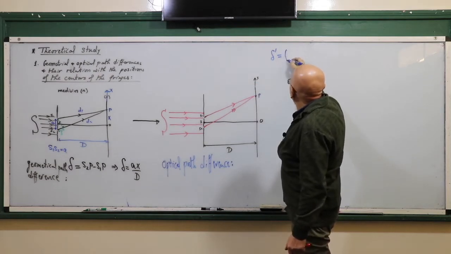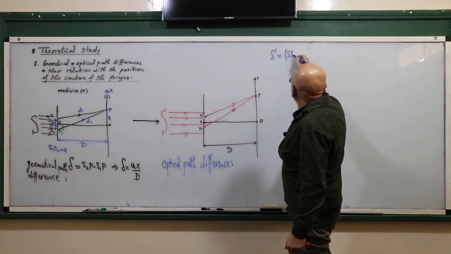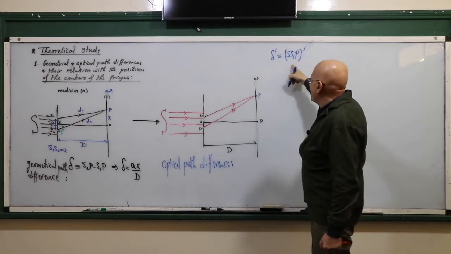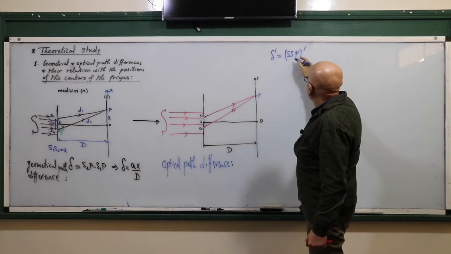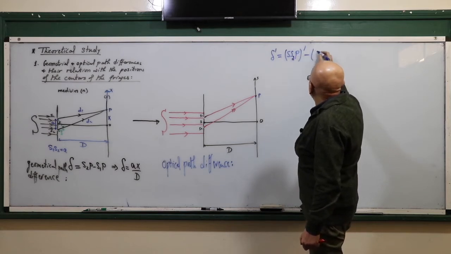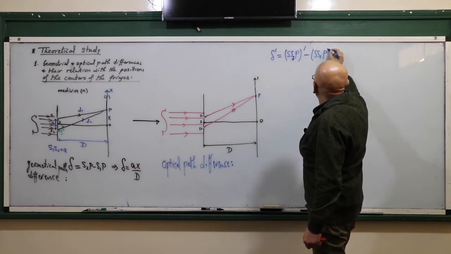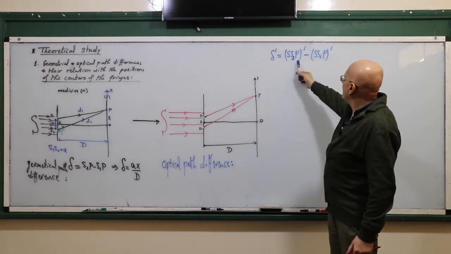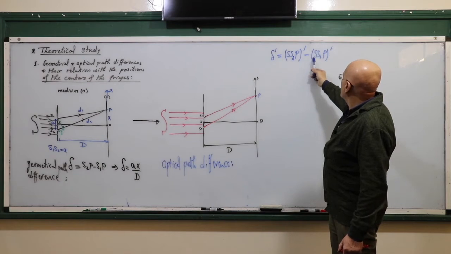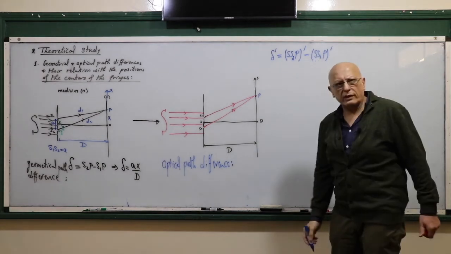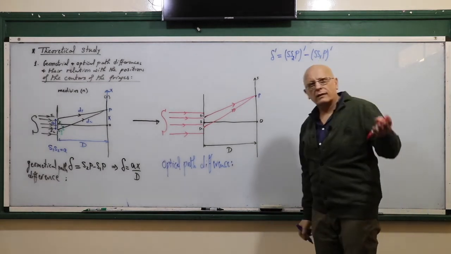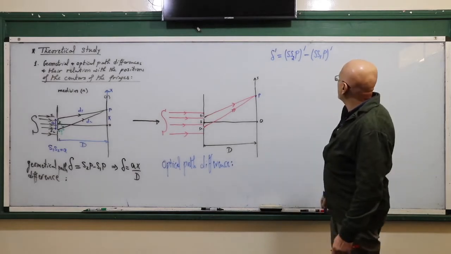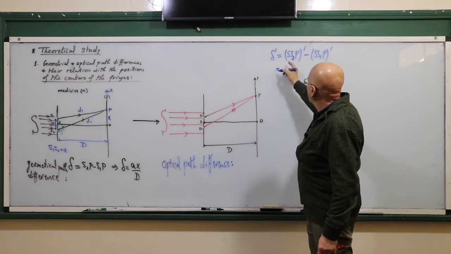Now you have S1P prime, okay, this is the optical path, or SS2P prime minus SS1P prime. Also you can reverse, you can write SS1P minus SS2P. You can do this also because it is a difference and you will get a minus or a plus according to which is larger. Let's decompose this.